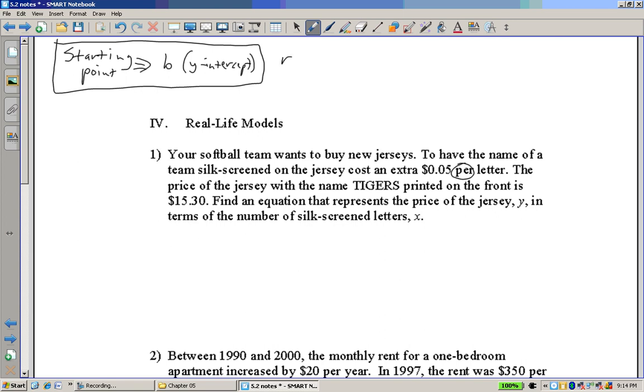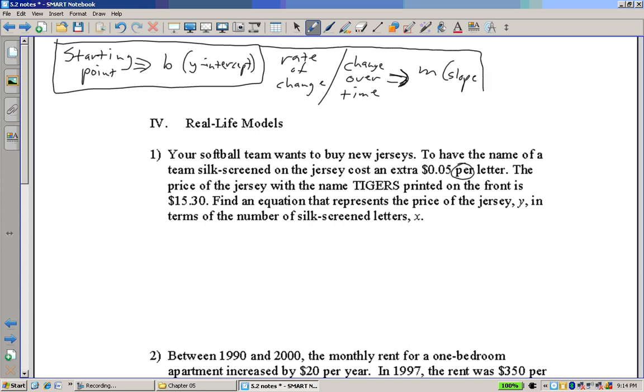Now, we also have a rate of change, or you could think of this as change over time. Now this is my traditional m for slope.